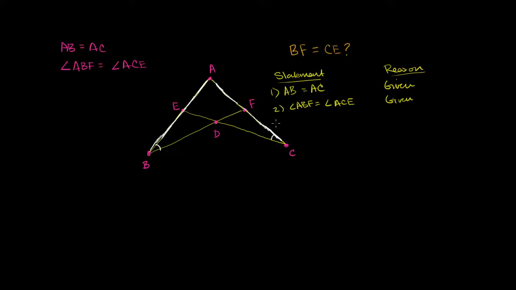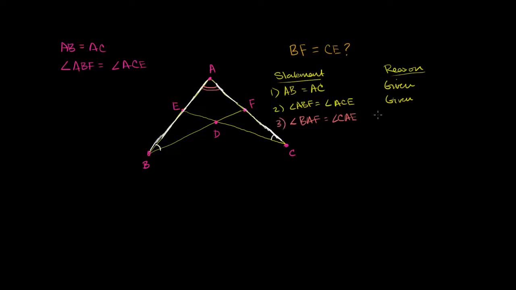So we could say angle BAF is equal to angle CAE, and that makes it a little bit clearer that we're dealing with two different triangles right here. But it really is the exact same angle. It's equal to itself right there.